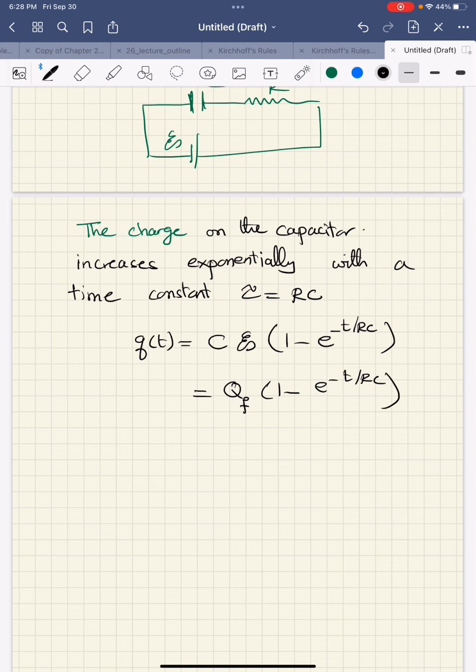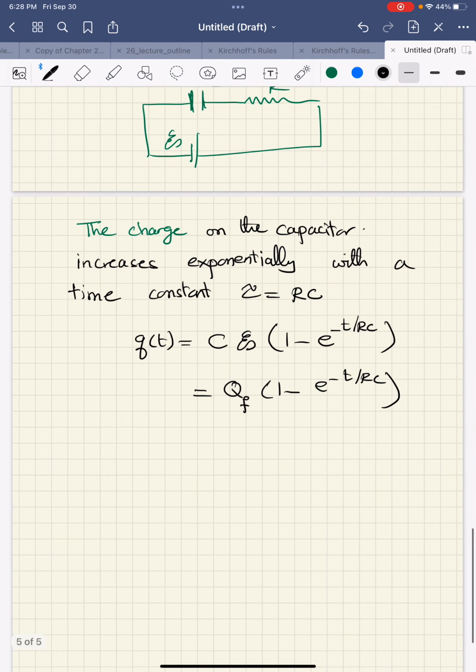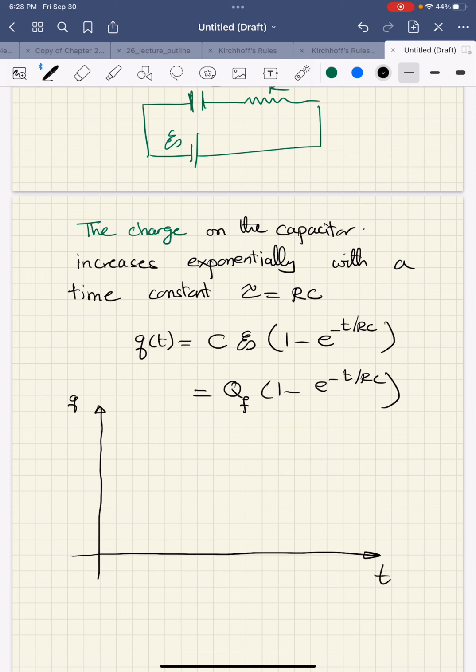Now, if we want to graph this, it is going to be an exponential. This is time, and this is Q as a function of time. Usually we have this type of graph, and here is the final charge.